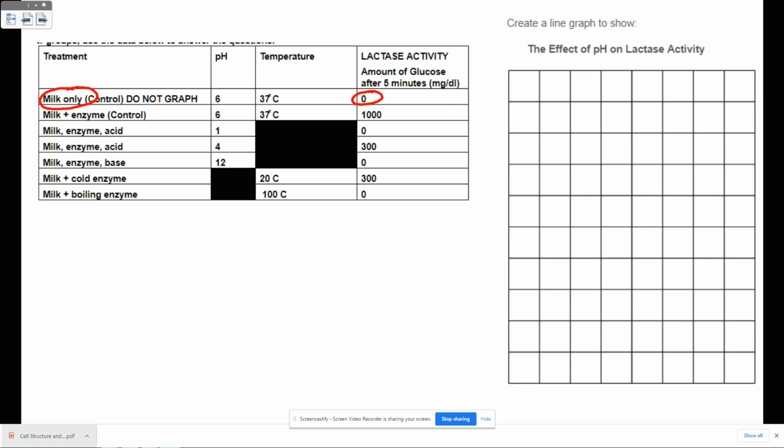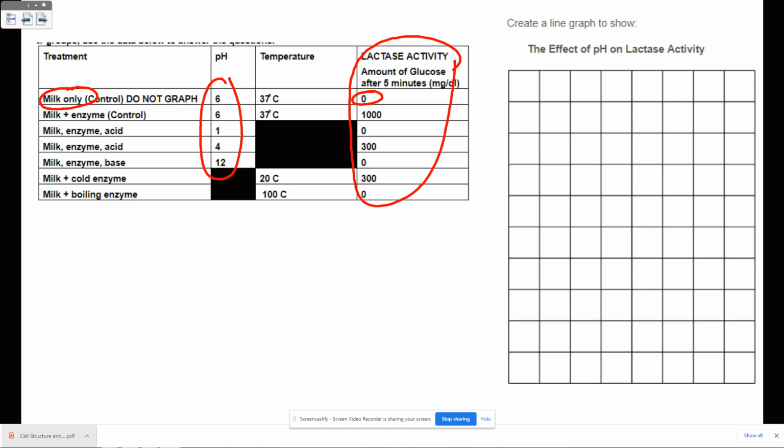So our first graph, they ask us to graph how pH affects lactase activity. So we want to talk about pH. We know that the data for pH is important, and lactase activity data is important, so those are the two columns we're going to look at. Then we ask, what data are we going to actually graph?